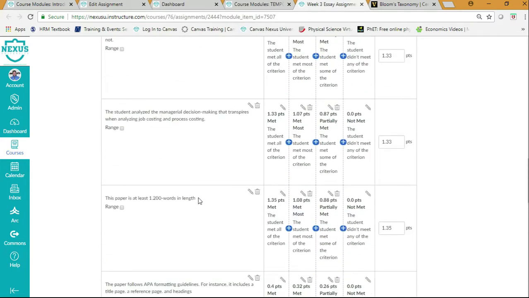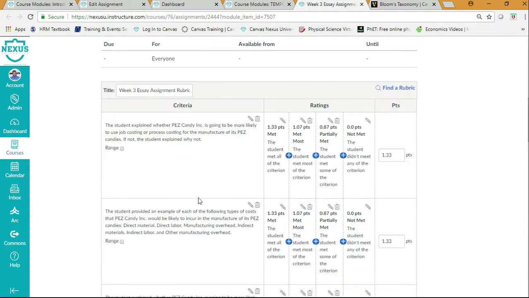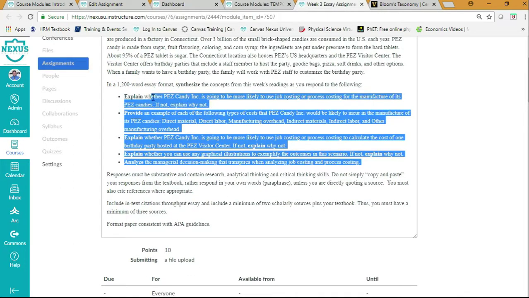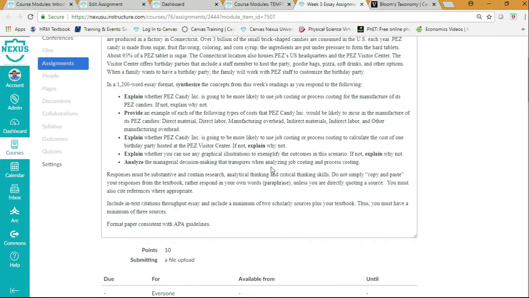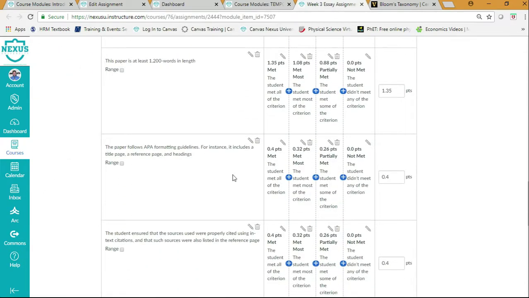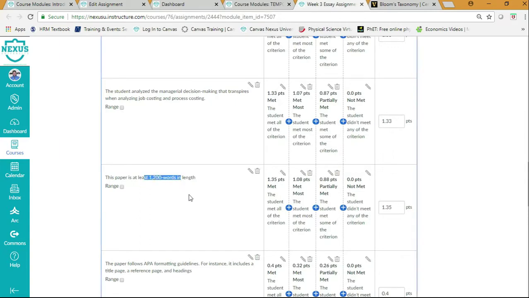Now, if your assignment is quantitative in nature, like one of the business analytics courses, and it's a project, it's not really an assignment, then you most likely don't need to include the length of the paper.